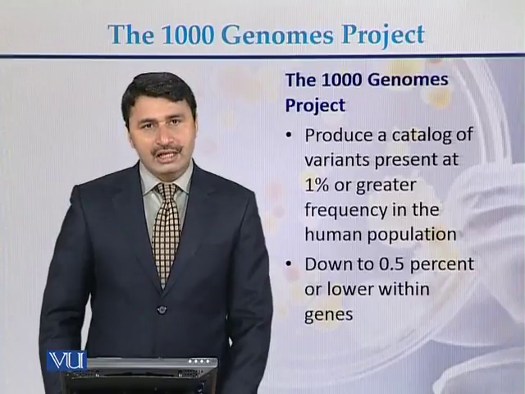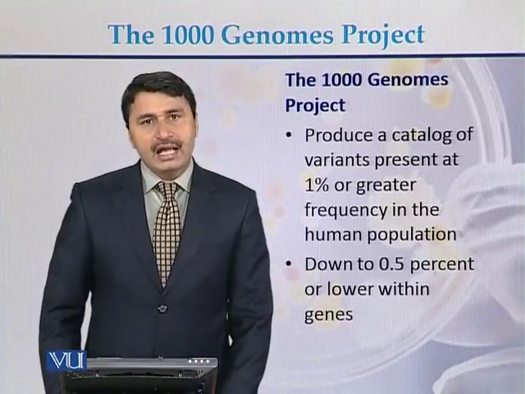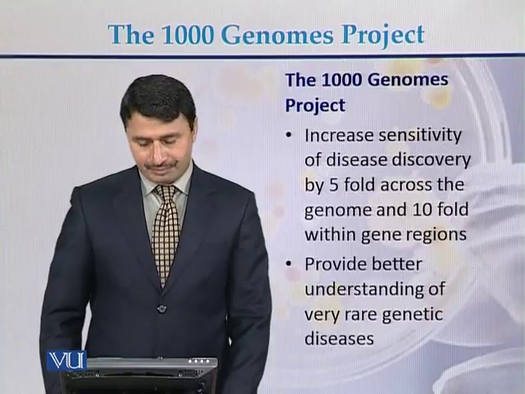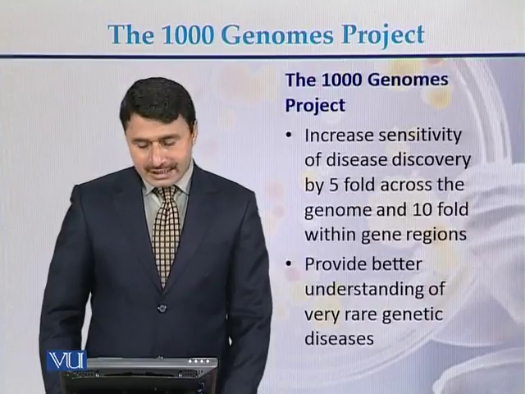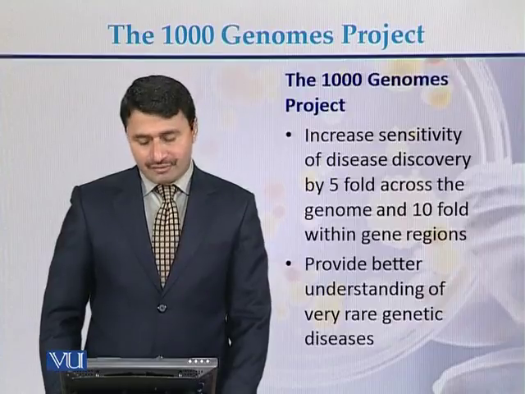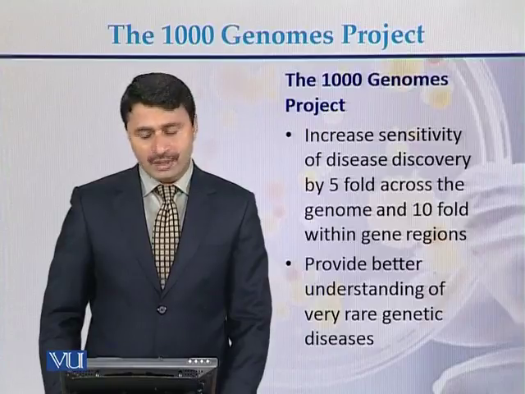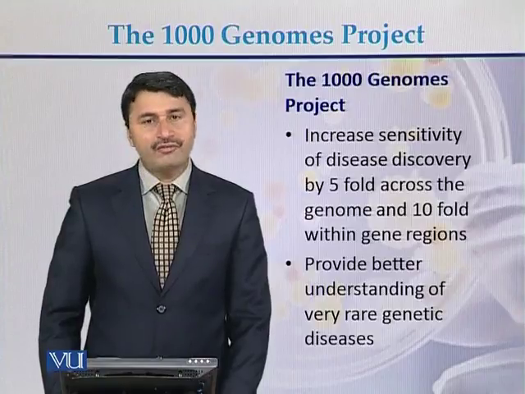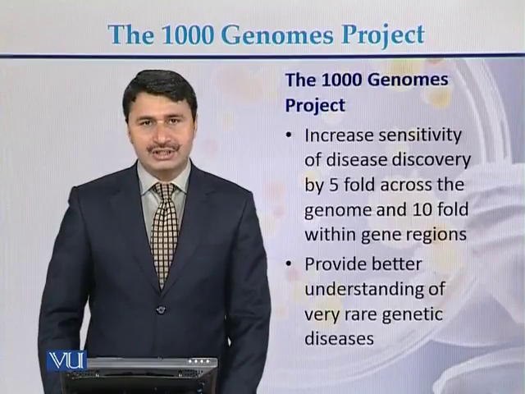So in general, 1%, and within the genes the objective was 0.5%. And to increase the sensitivity of disease discovery by 5-fold across the genome and 10-fold within the genes, and provide better understanding of very rare genetic diseases.